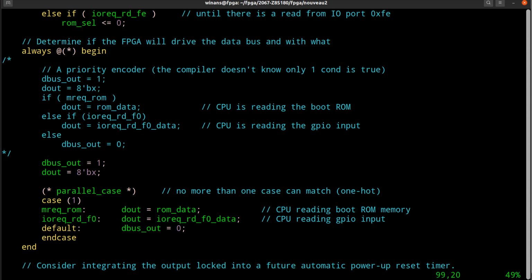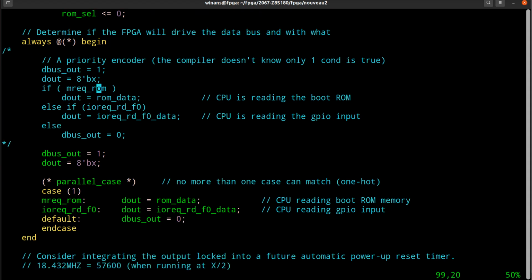Now, if you do this, the Verilog compiler has no way to know that I personally am going to guarantee that this or that could be true, but they won't both be true at the same time. Because the logic below, and we'll see that in a minute, is set up in such a way that you can never have the ROM data read logic true at the same time as an I/O port is true.